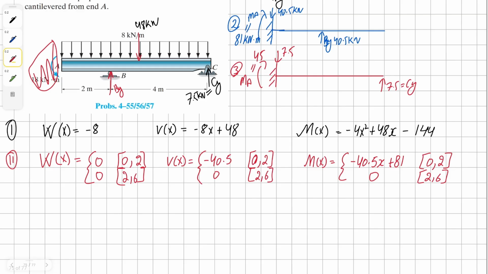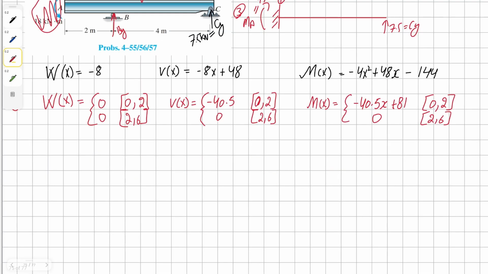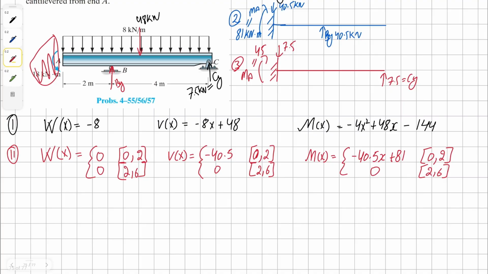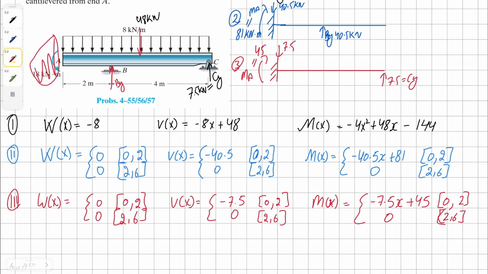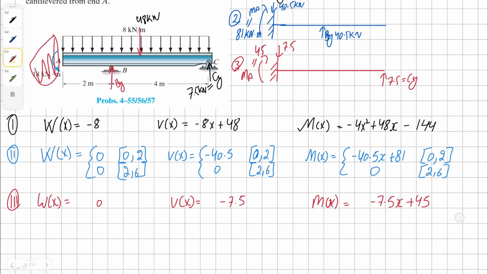And for region 2, for the same free body diagram, it's going to be 0. And finally, for our third free body diagram, our moment equation is negative 7.5x plus 45. Now we can add all these together to get our final moment equation.